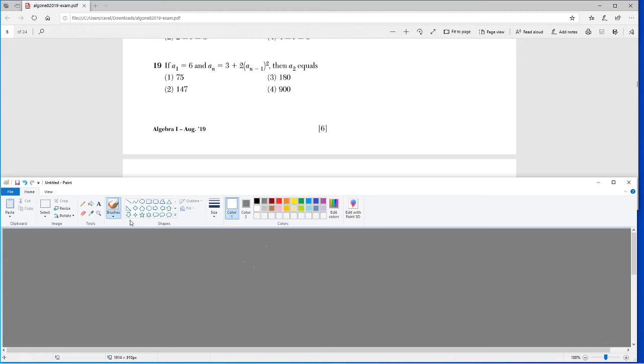All right. Here's an arithmetic sequence. It says a of 1 is equal to 6, and a of n is equal to 3 plus 2 times a of n minus 1, squared.